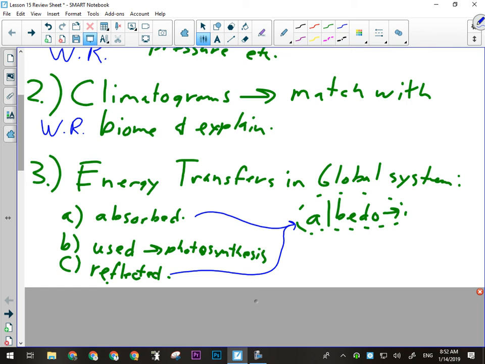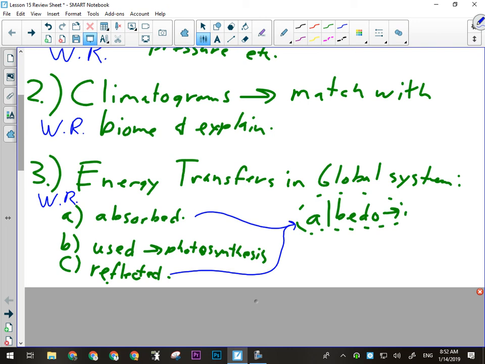Okay, so there will be a written response question just about these three things. I will show you a picture of a place and describe a place, and you will have to tell me what happens to the light in that place and give me some idea about how much of each one of those things is going on in that particular situation. Keep in mind that the location I'm going to show you is a natural location.